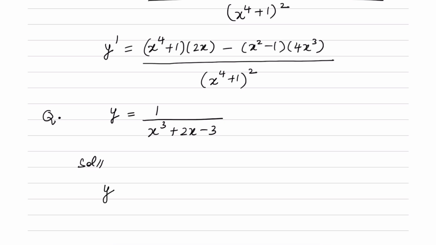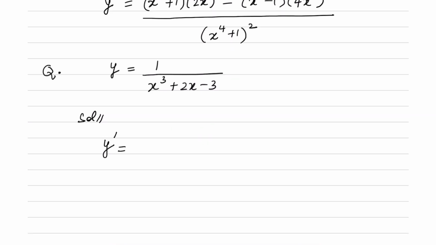So here when we apply the quotient rule of derivative, we get lower term as it is, upper term derivative, and since upper term is constant, its derivative is 0, minus upper term as it is, upper term is 1, and the derivative of the lower term, which is x cube plus 2x minus 3.